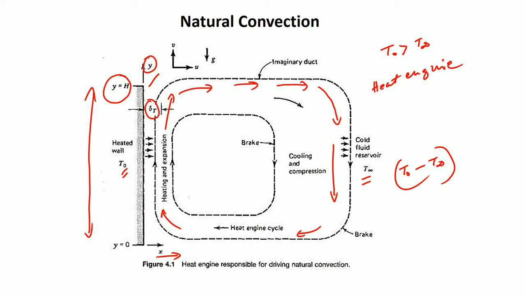Imagine a packet of fluid. That packet of fluid is first heated by the wall, it expands as it rises along the wall, and it rises to a lower pressure, because from this to this there is a hydrostatic pressure gradient that you have.